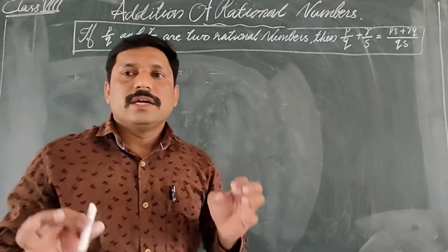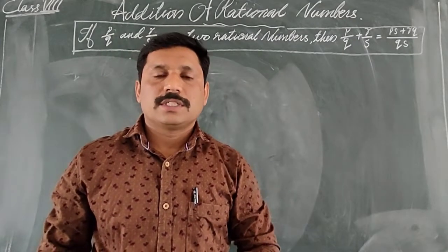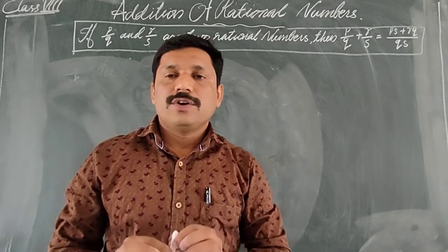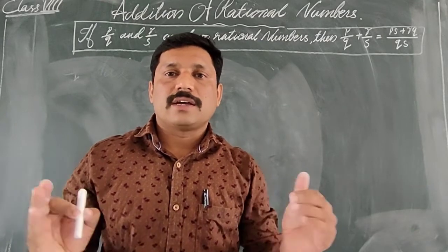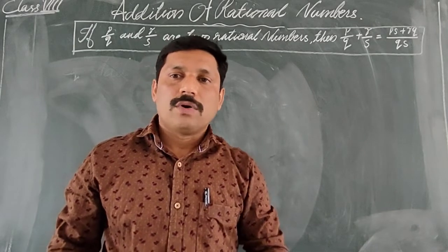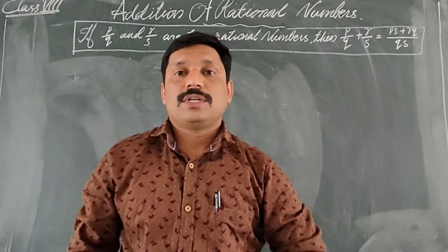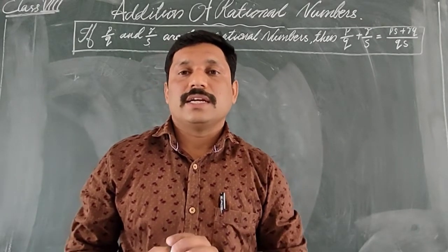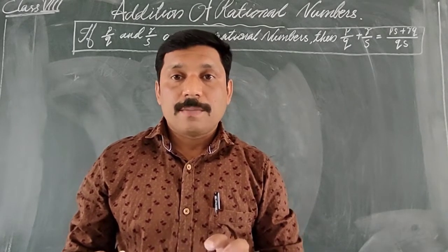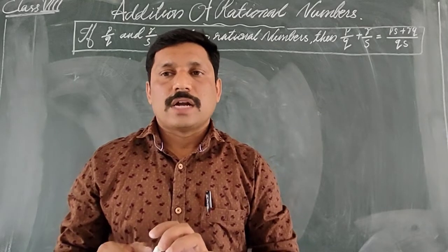Dear students, in order to add two rational numbers, first of all, we have to make sure that their denominators are equal, just like in fractions, how we add fractions, that same method we follow. Because rational numbers include fractions and integers. Therefore, the rules of fractions and integers you have to keep in mind before adding any two rational numbers.